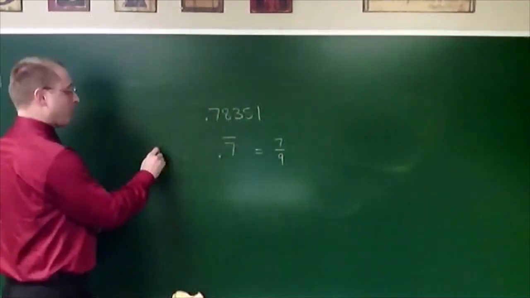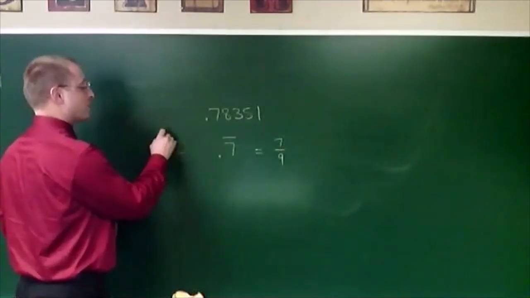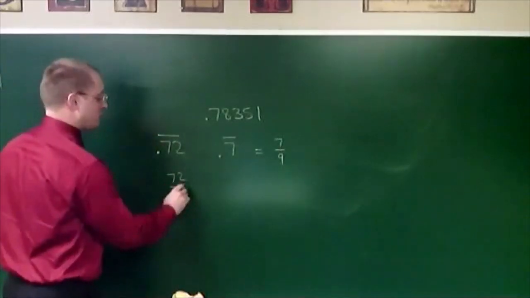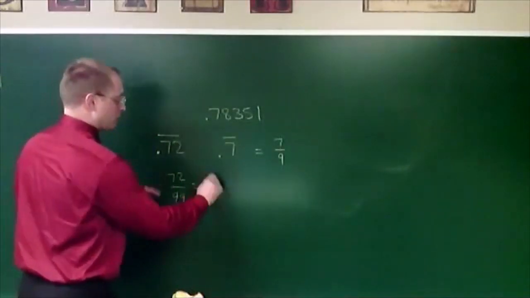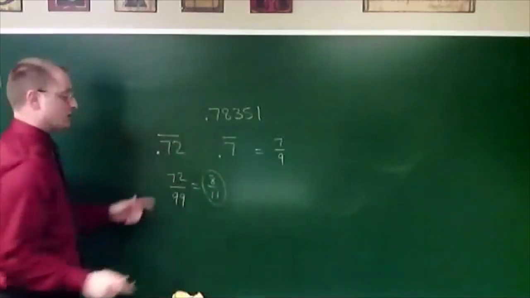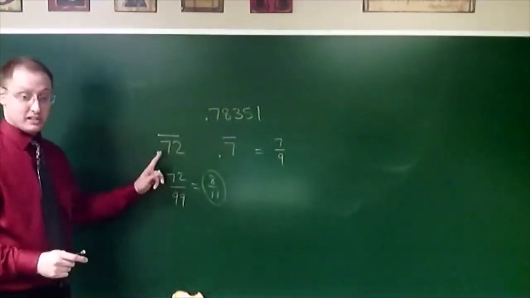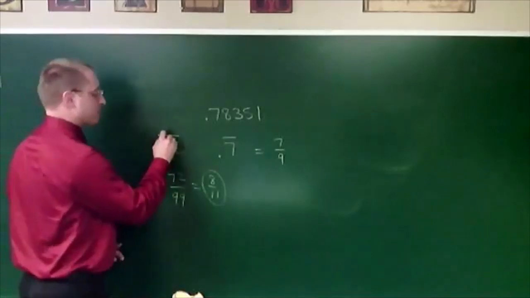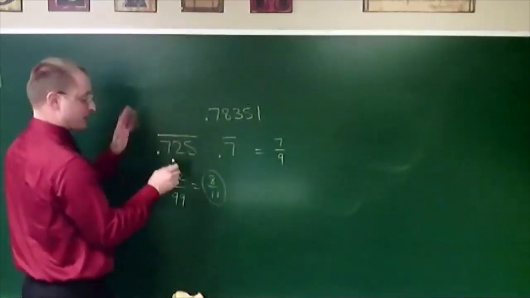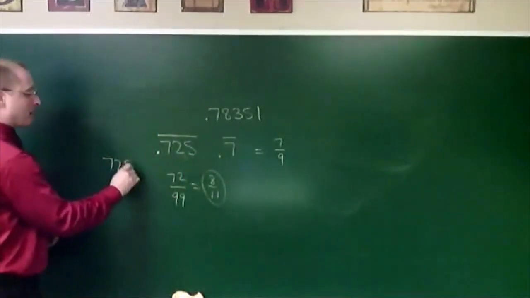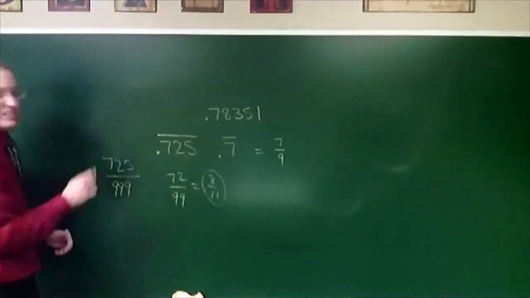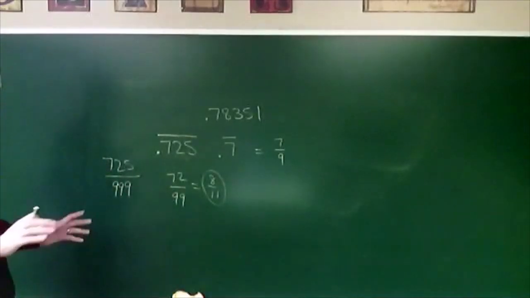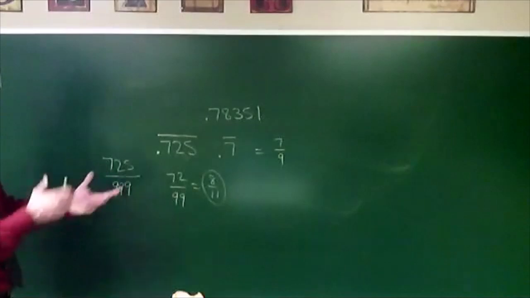By the way, if it were 0.72 and both digits repeated, it'd be 72/99, which reduces down to 8/11. So if you have multiple digit repetends, you just put it over 99. If it's 0.725 and the 725 repeats, 725/999. Now, you don't have to know that, so don't be terrified by it, but just a little cool little fact.